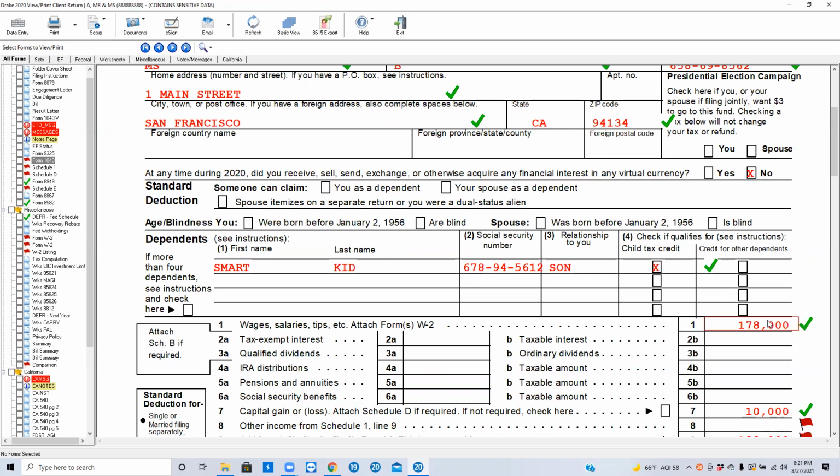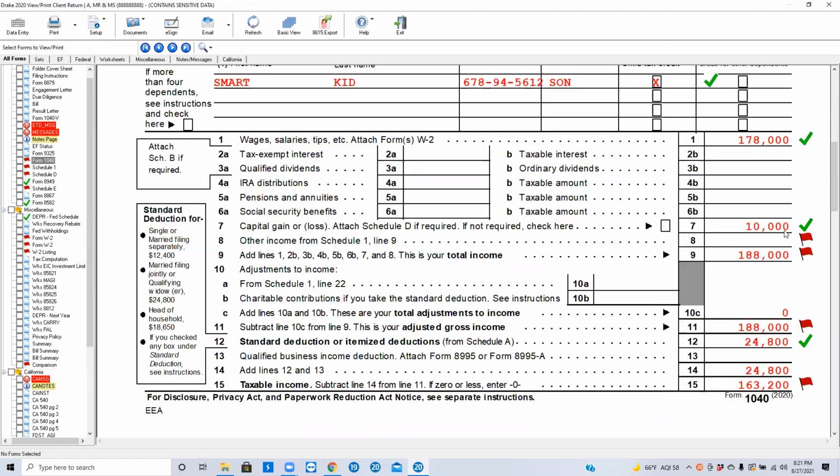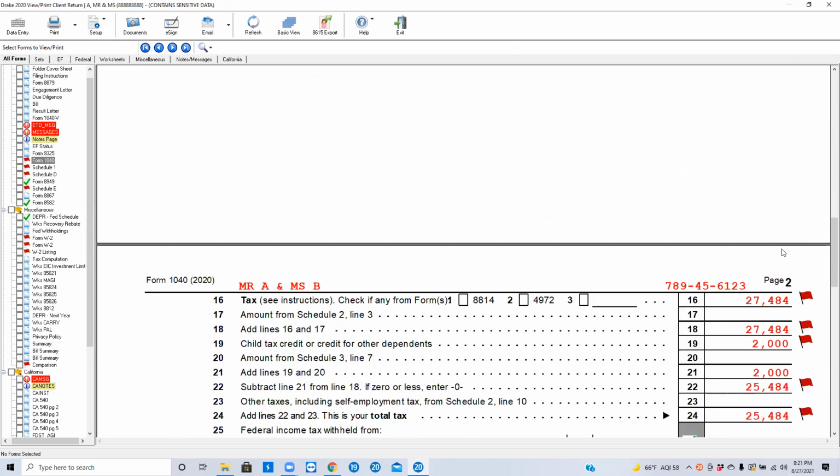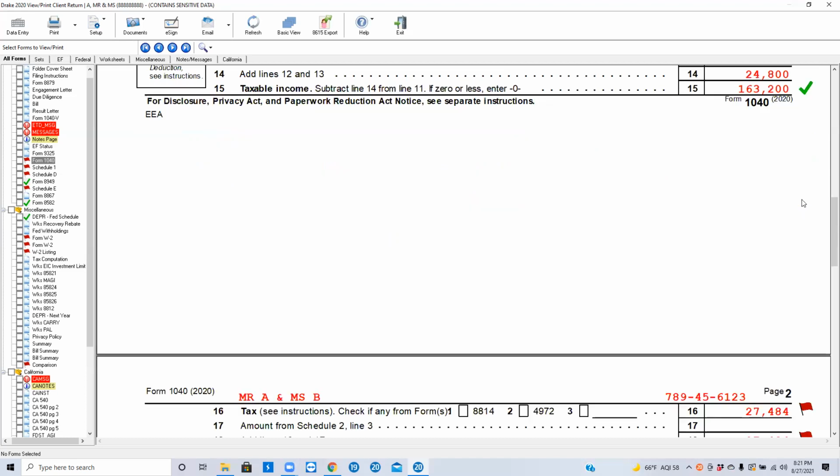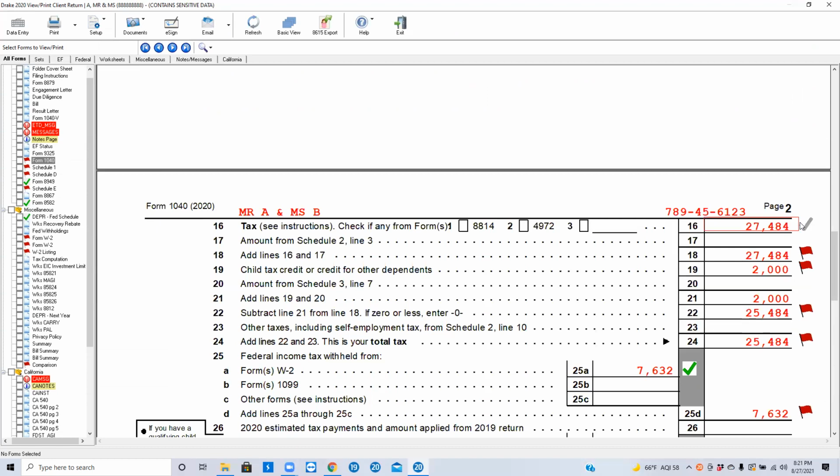Assuming this husband and wife earn 178,000 and have other income too, all the way there's an income of 188K. Minus their itemized deduction or standard deduction, 163,200 is their taxable income. How much tax are they supposed to pay? 27,484, and that's the tax on line 18.